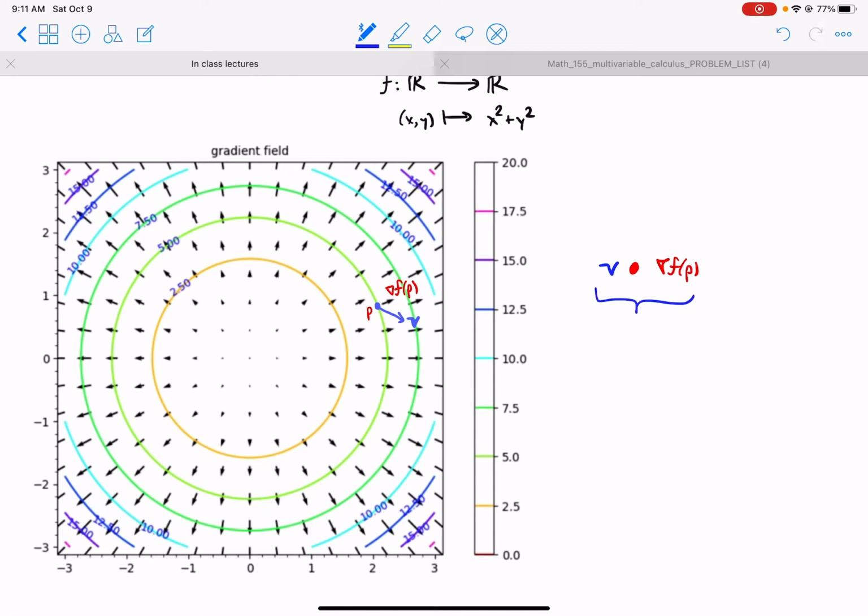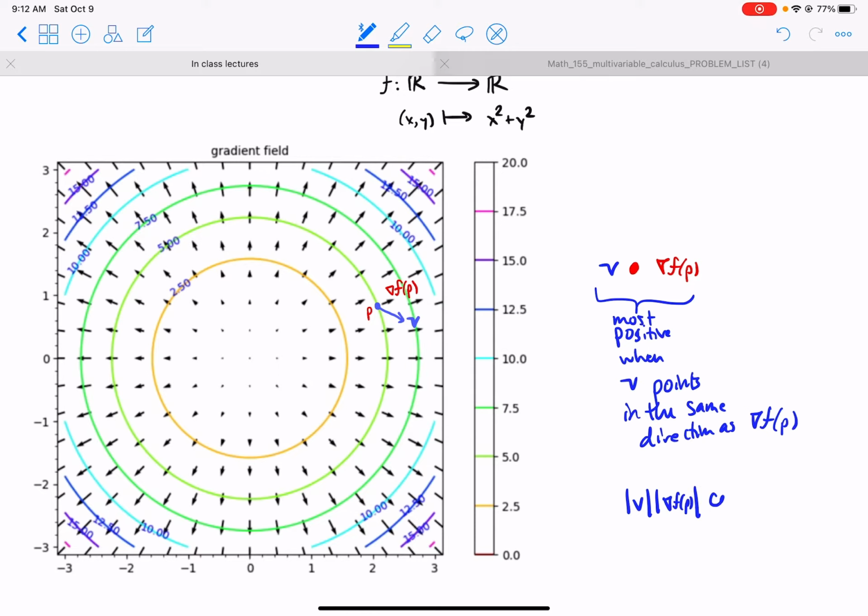This number is most positive when v points in the same direction as the gradient. Because of the formula, the length of v times the length of the gradient times the cosine of the angle between them.